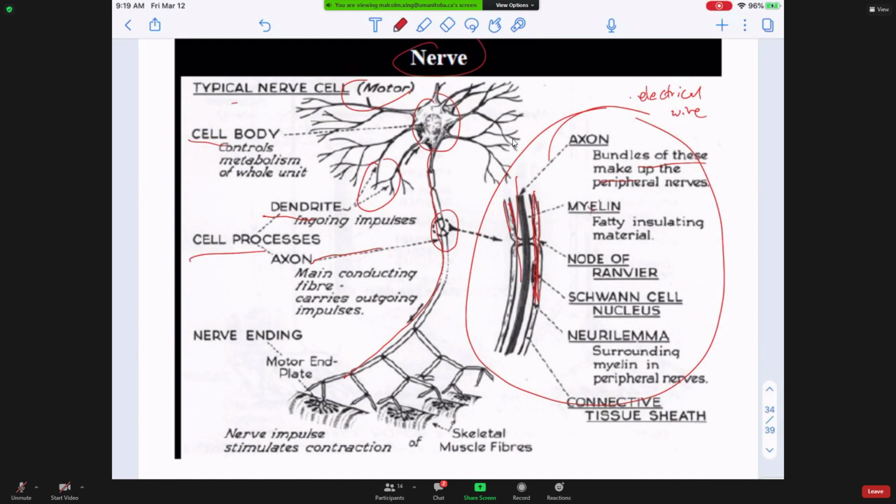That's the myelin, the myelin layers. That's for protection, to give insulation, to protect each nerve from interconnection. If one nerve goes to another nerve, they have a shortcut.